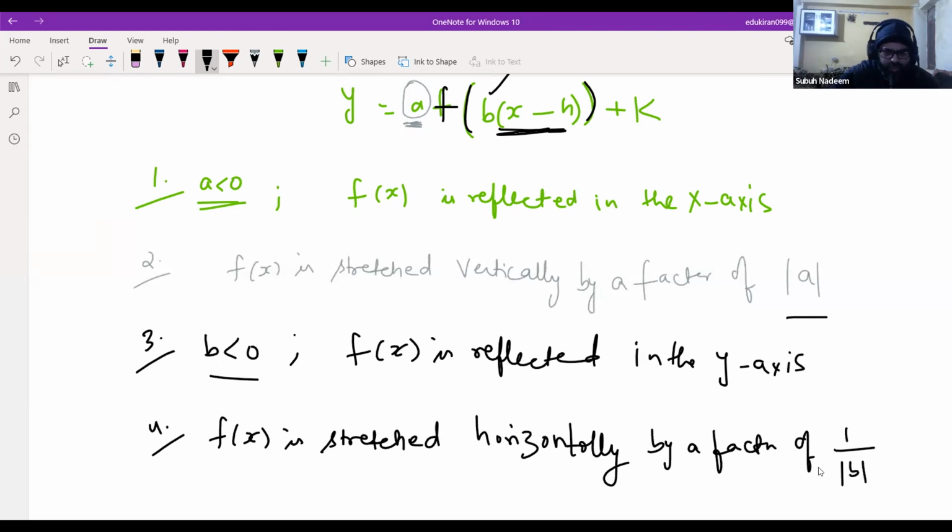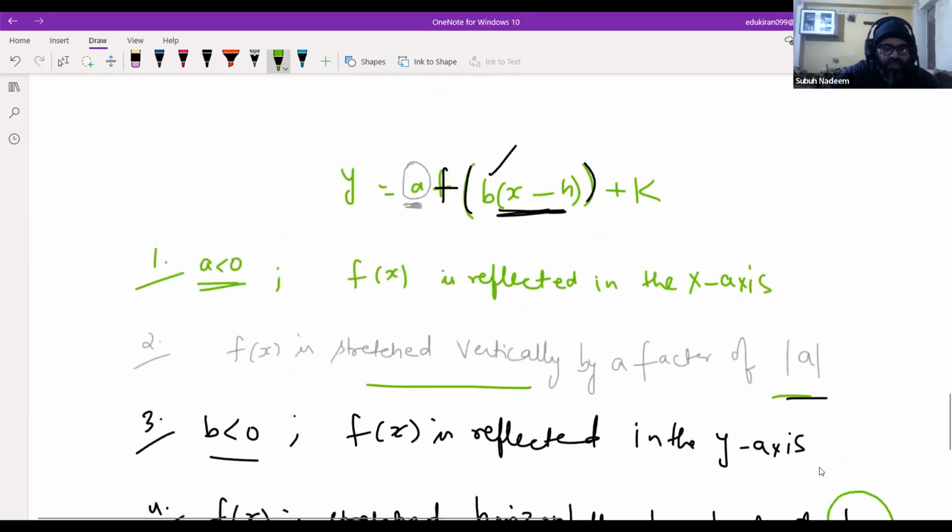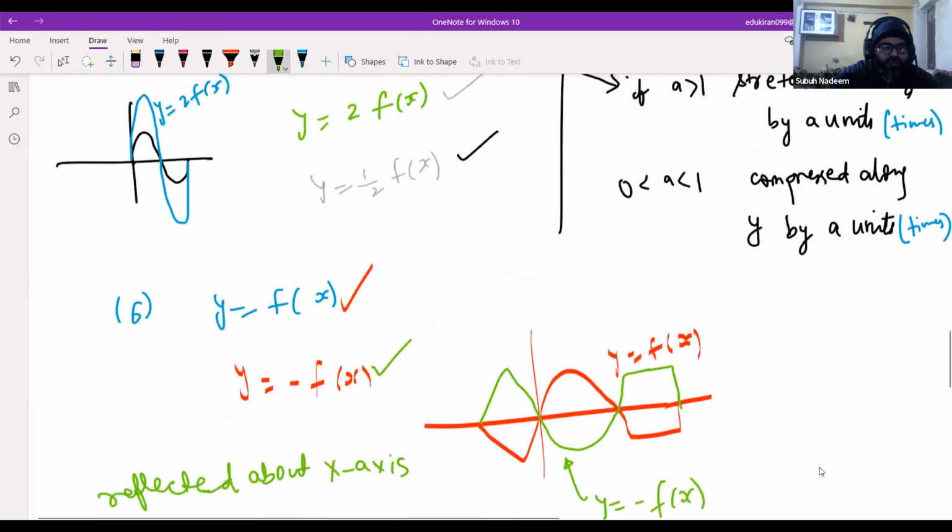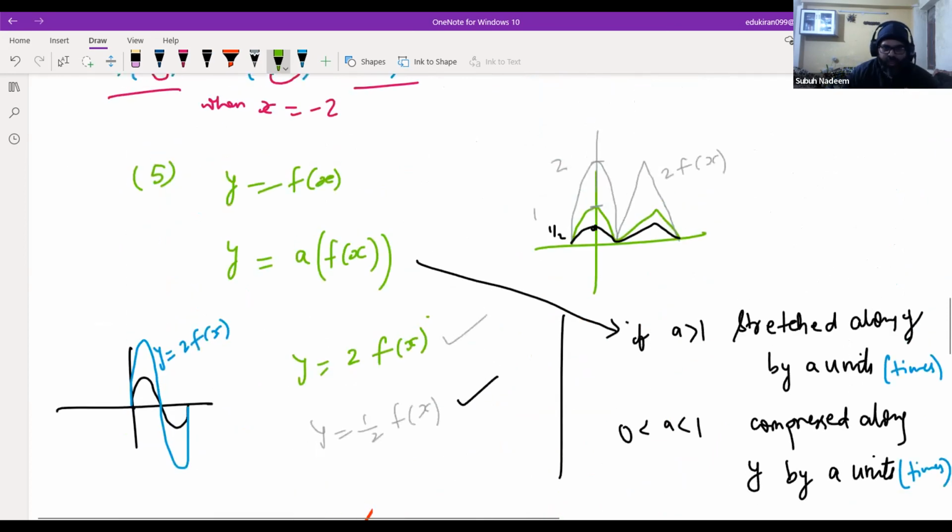Just see the difference between second and fourth. In the second, it is stretched vertically by a factor of mod A, whereas here it is stretched horizontally by a factor of 1 by mod B. So in the vertical case, if A is greater than 1, then it is stretched.